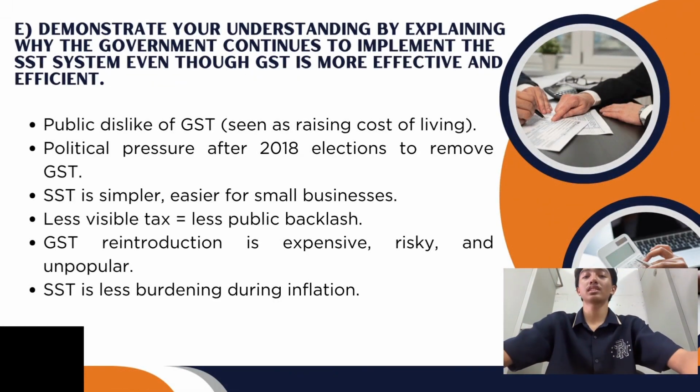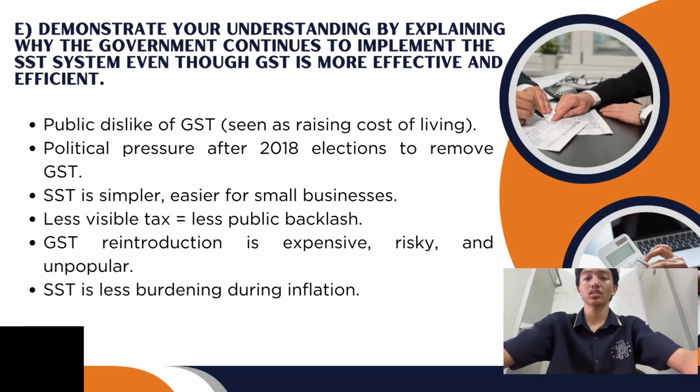Next, demonstrate your understanding by explaining why the government continues to implement the SST system even though GST is more effective and efficient. Even though GST is more efficient and has higher revenue, the Malaysian government continues to implement SST for several social and political reasons. The primary reason is public perception.